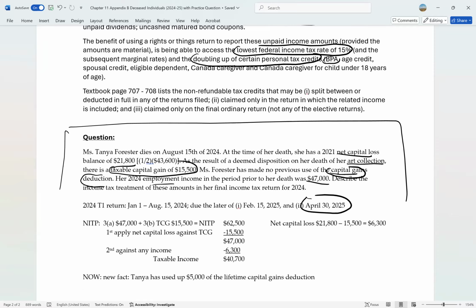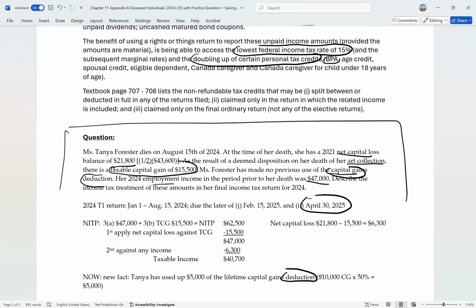It's based on your capital gains. So if she had 10,000 in capital gains, 50% of that would be 5,000. So she used up 5,000 of this deduction to not have to pay tax on this taxable capital gain of 5,000.